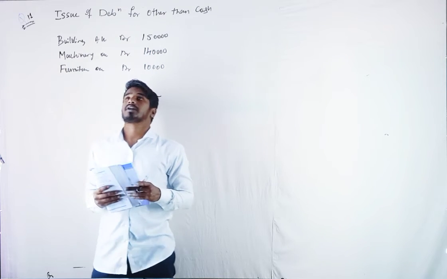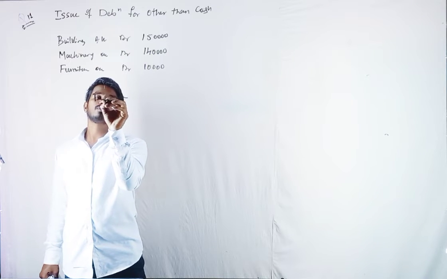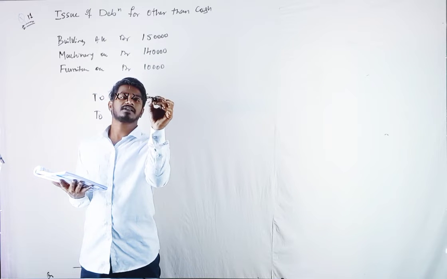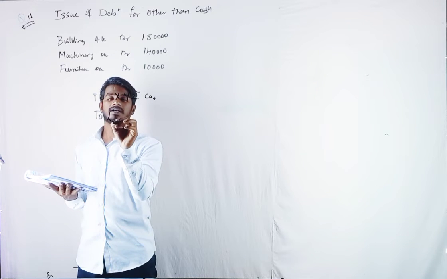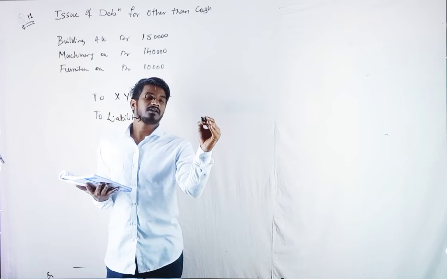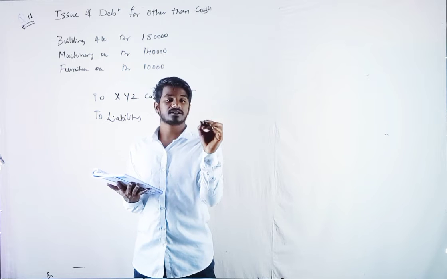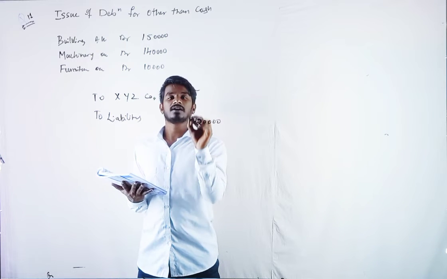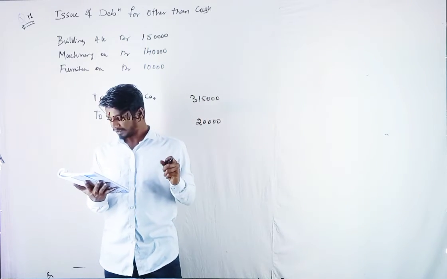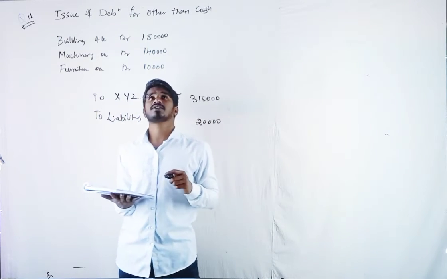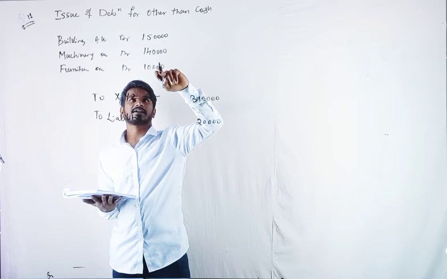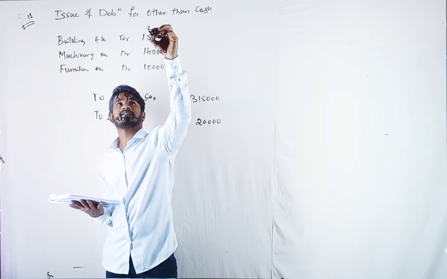To XYZ company. The liability is how much? 20,000. And 3,15,000 we should pay to XYZ company. If you observe here, 1,50,000 plus 1,40,000 is 2,90,000, plus 10,000, total asset worth 3 lakh.